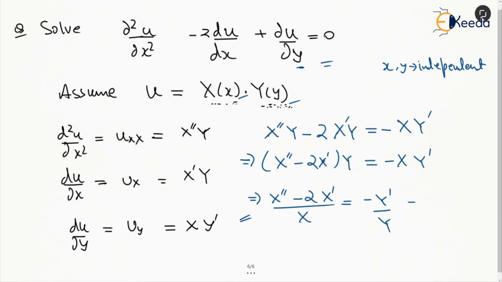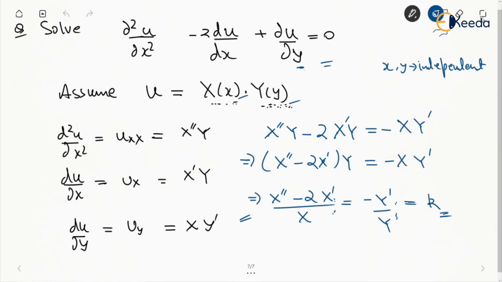Let's say k. Any other relation will make X and Y dependent, right? So there is only one possibility, that this numerator by denominator, and this numerator and denominator are some way equal to one constant. If they are equal in terms of x and y, they will become dependent, right? So we are assuming that the relation is proportional to a constant k.